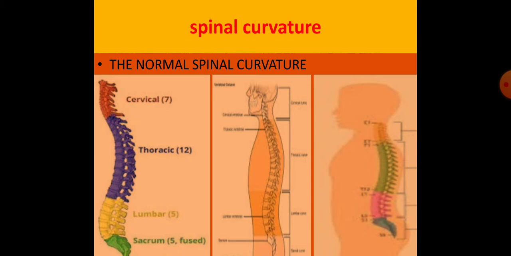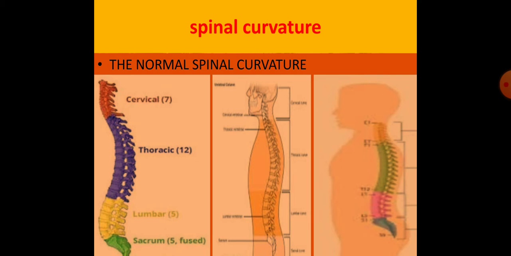Nutrition and a lot of other things are responsible: walking position, running position, standing position. When these are abnormal and we use wrong methods, the spinal curvature can definitely change.